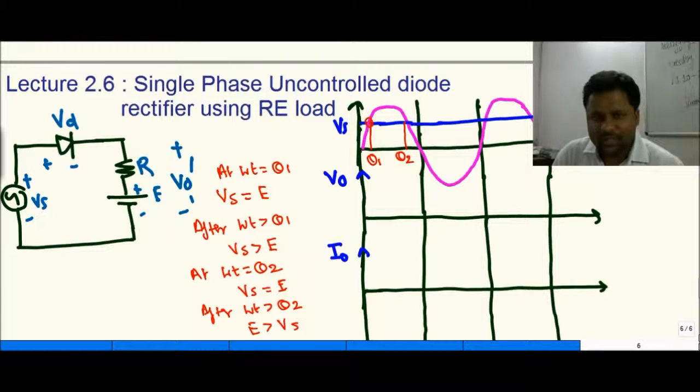Here Vs equals E; in this section Vs is greater than E; at theta 2, Vs equals E, and greater than theta 2, E is greater than Vs.